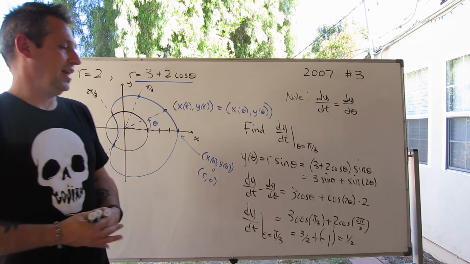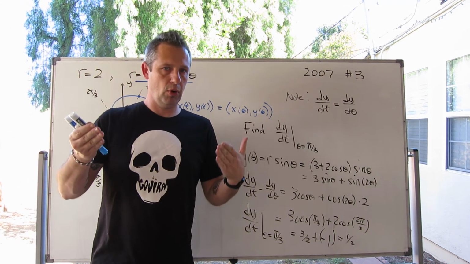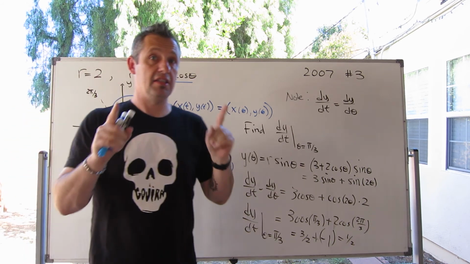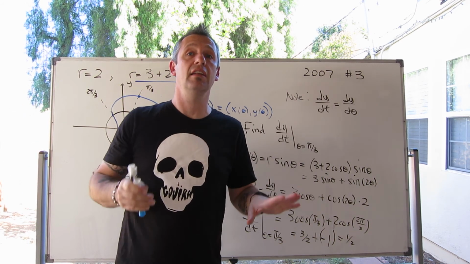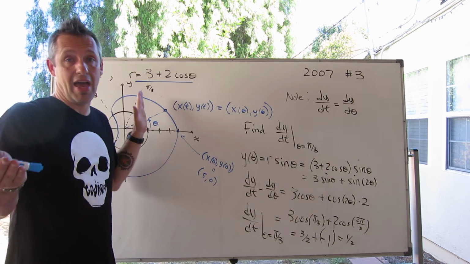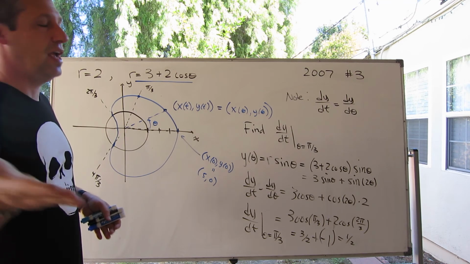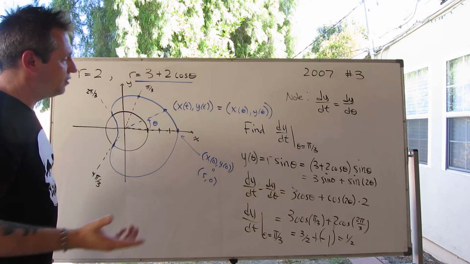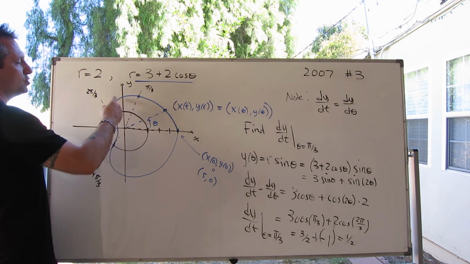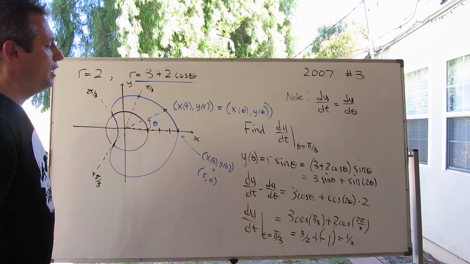Cool. Now they ask us to interpret what this means. I think the main important fact to realize is, unlike dr d theta, which we found in the last part, dr d theta was negative at this time slash angle. What that meant is that at that time slash angle, the distance to the origin was decreasing. This particle is getting closer to the origin as it moves along this curve.